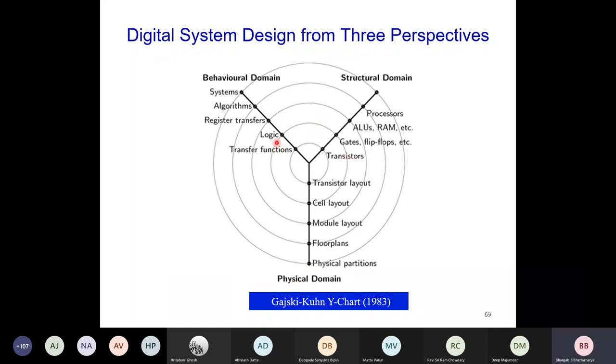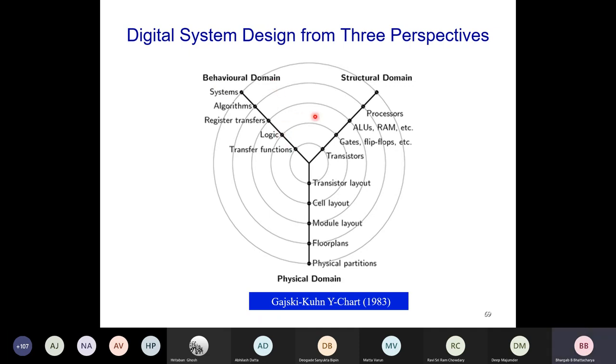Look at this circle here. This node is logic, this is gate, and this is cell layout. The entities which lie on the same circle are the same thing. They represent the same concept, but at different abstraction levels. When I say logic design, Boolean algebra or logic, that is a behavioral abstraction.